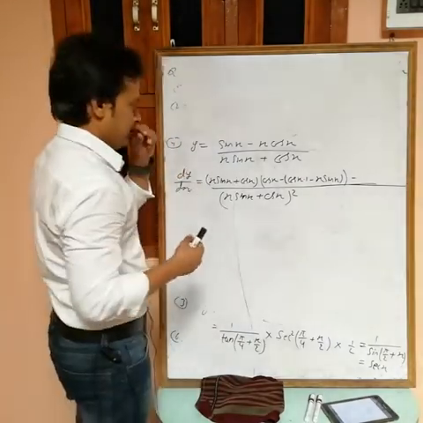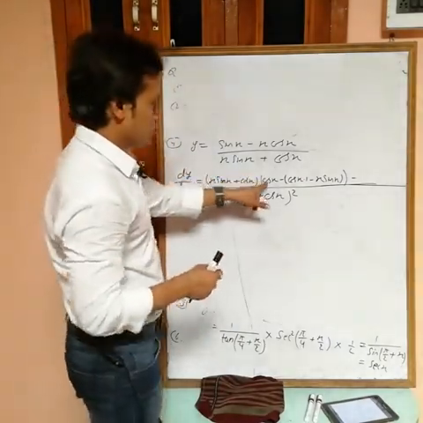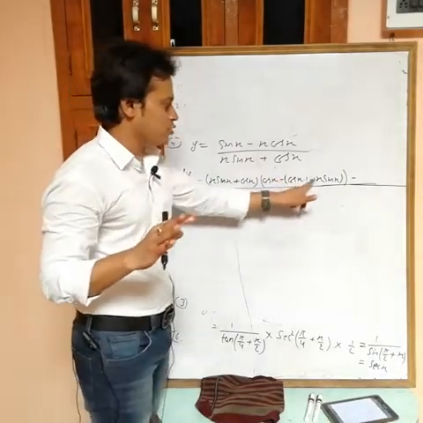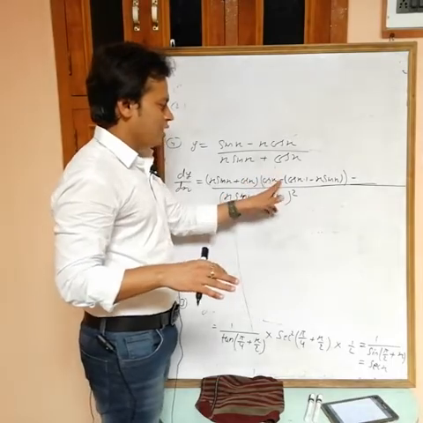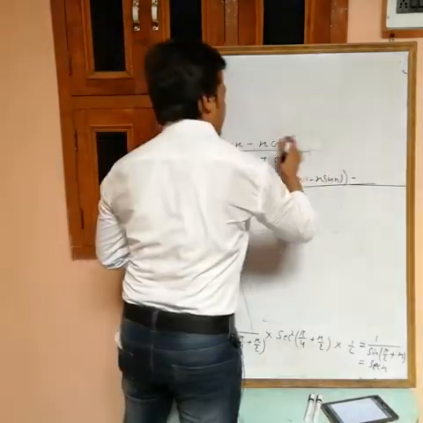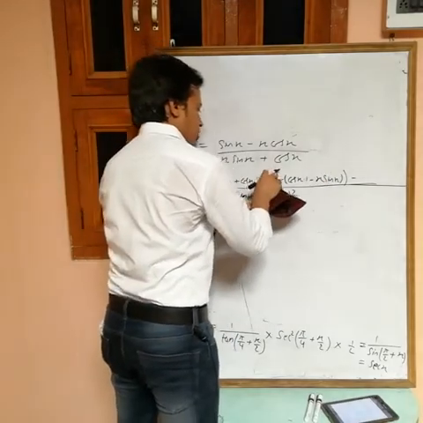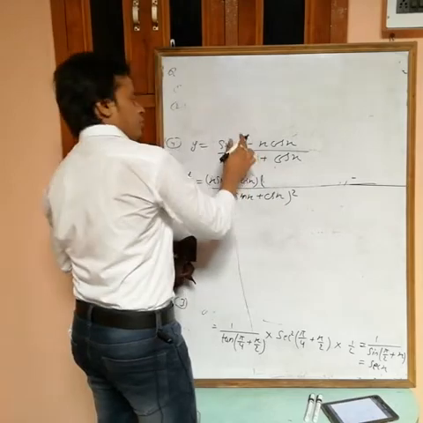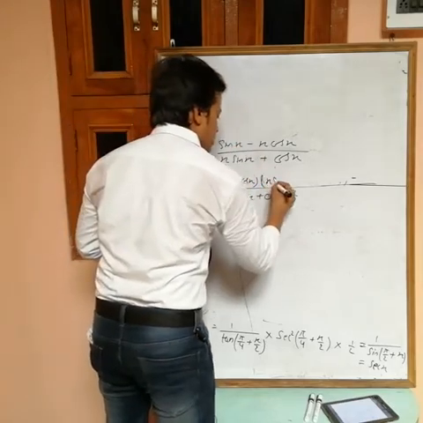Here can I simply write this one as, see, cos x cancels out, and minus plus, so directly can I write this one as x sine x, because here I have to write numerator and differentiation of denominator. So I am directly writing differentiation of numerator as x sine x.